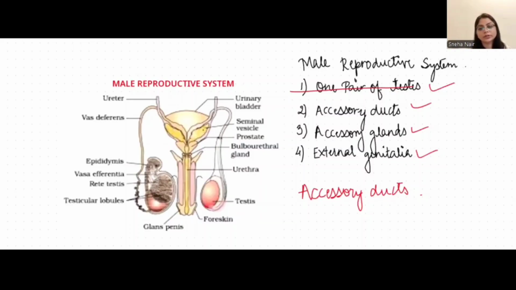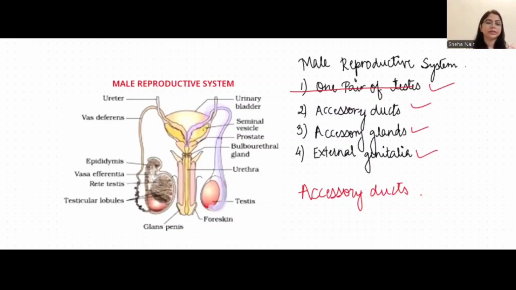It moves upwards and then it loops over the ureters, and then it combines with an accessory duct called seminal vesicle.